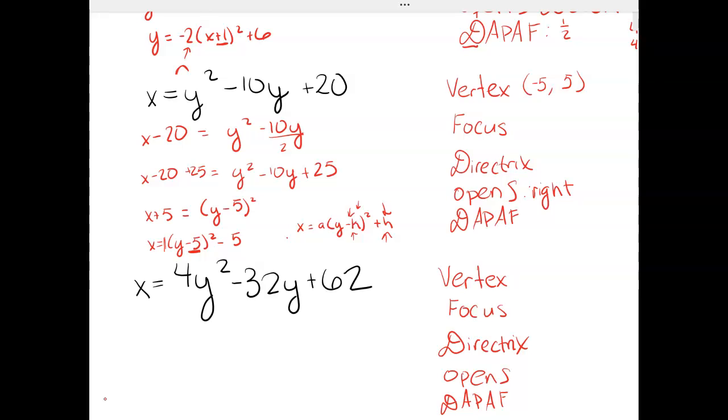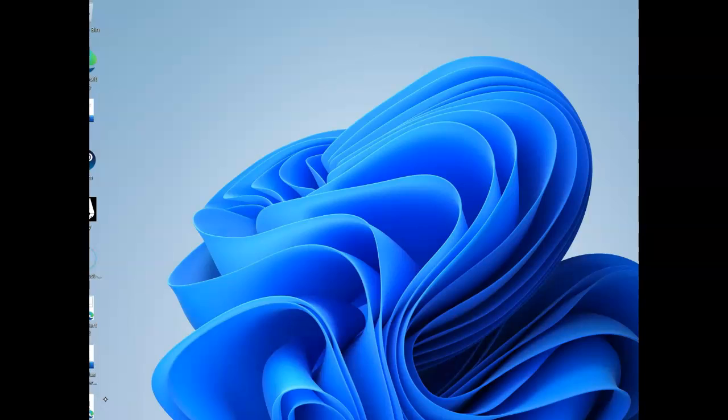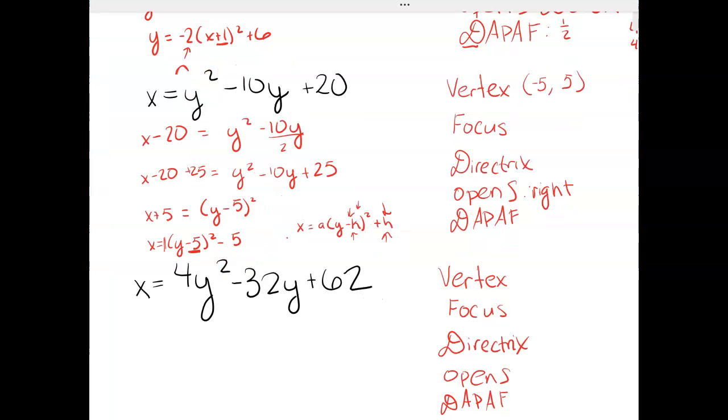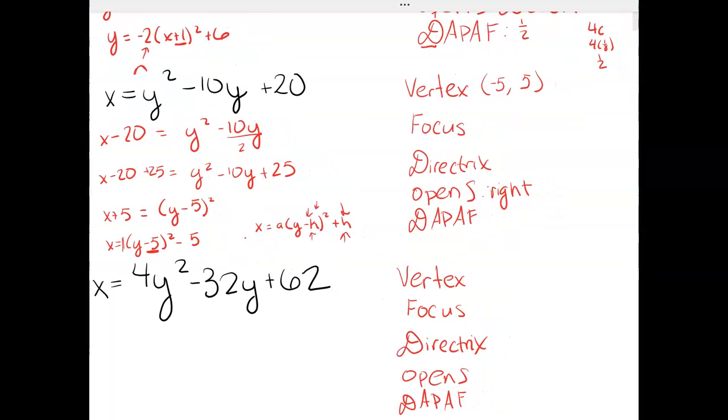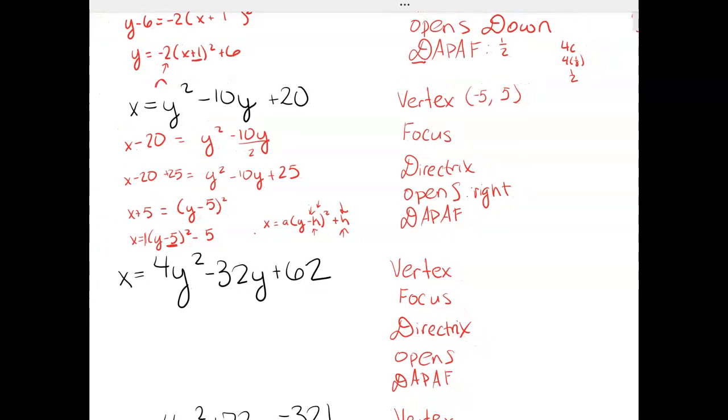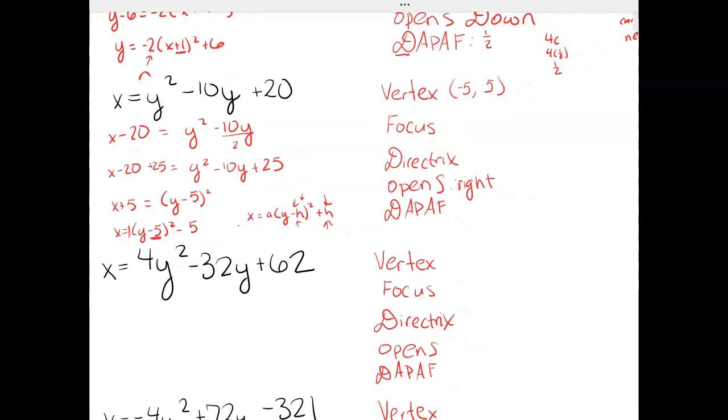Alright, now I just got to worry about finding the focus. So my focus is just going to say, okay, well, got to find this magical letter c. My a out in front, which is 1, should be equal to 1 over 4c. So therefore, I've got 4c is equal to 1, cross multiplying, and so finally c should equal 1/4.